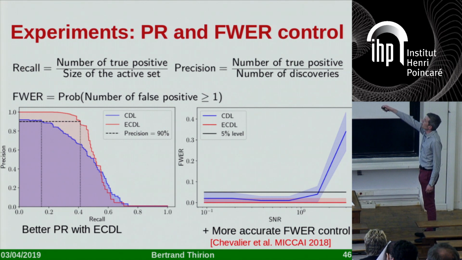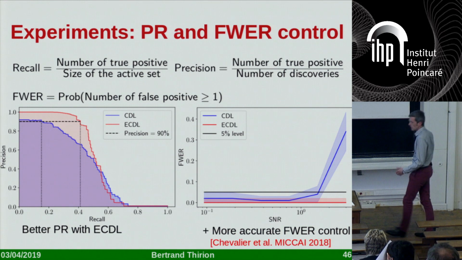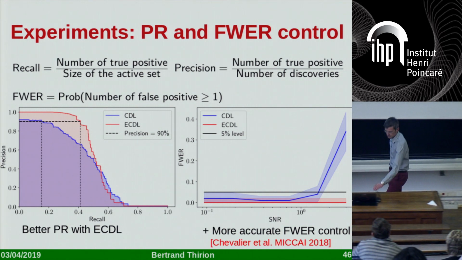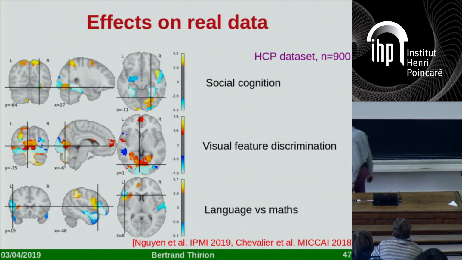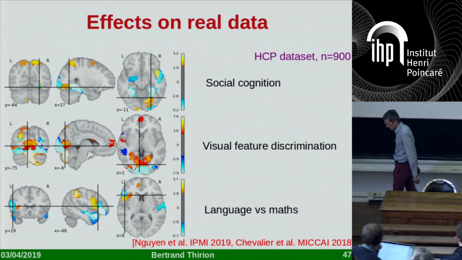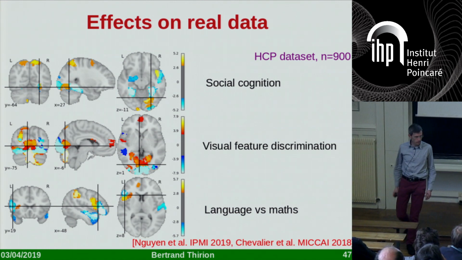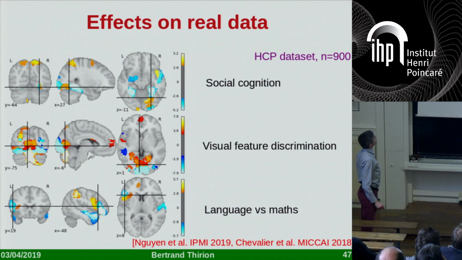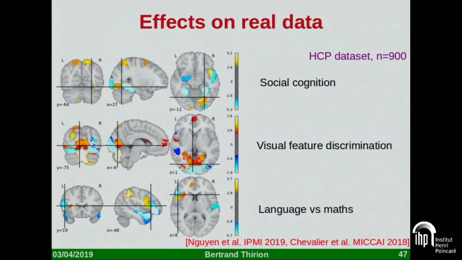The ensembling always improves the solution and helps controlling the family-wise error rate. And on real imaging datasets, relatively big-ish datasets, we obtain a very reasonable map here predicting some effects of social cognition, like animacy detection in short movies, visual feature discrimination, or obtaining the language network of the brain.